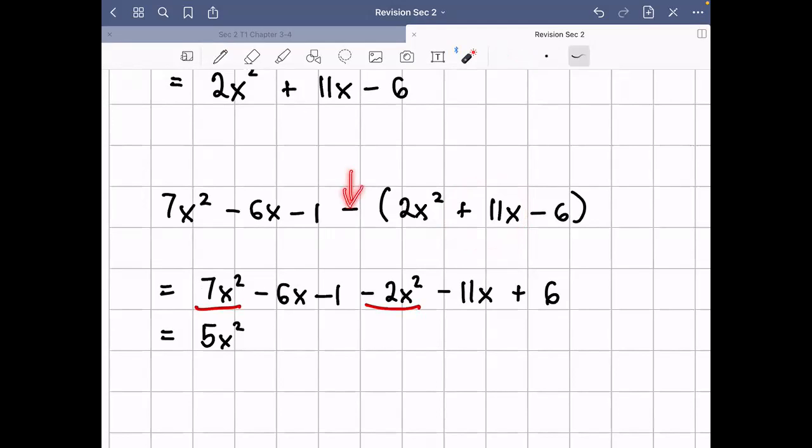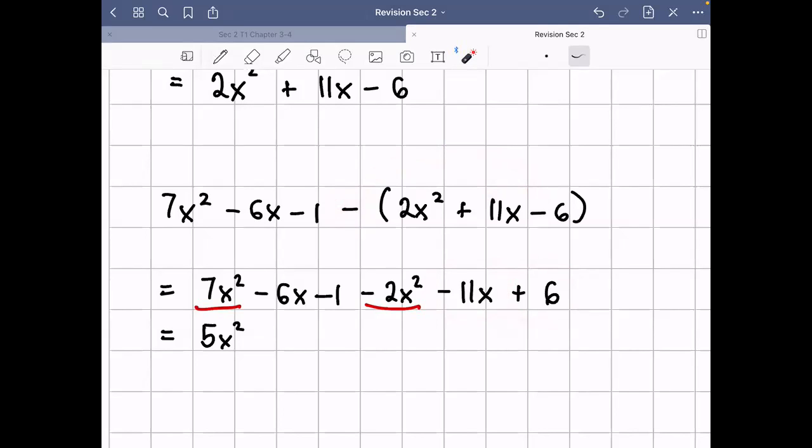So when you distribute this, negative times positive is equal to a negative, right? And then negative times a positive again makes it a negative 11x. And then a negative times a negative 6 gives you a positive 6, right? All right, so let's simplify them now.